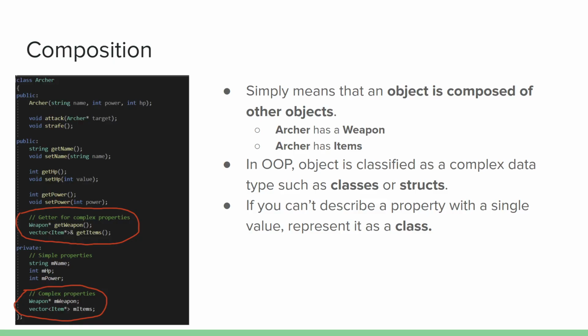Like use weapon, use item, mga ganun. Right? Questions? Basically, an object becomes a complex object when it is made out of different kinds of objects and not just native data types like string, int, float.